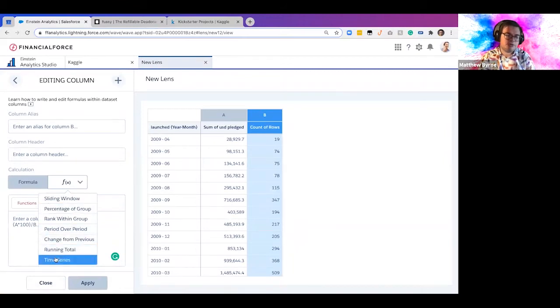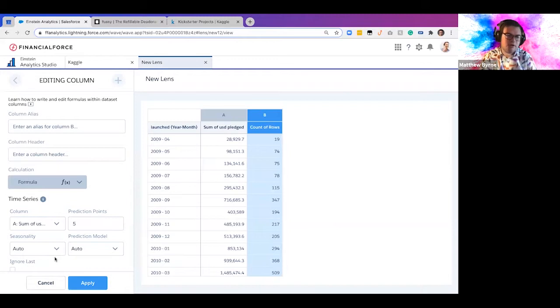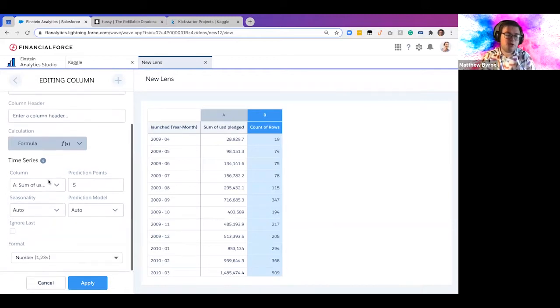You can see I do running total. Time series is one of those functions. It lets me choose which column I want to use to generate a prediction. It lets me choose how many prediction points I want. So if I set that as 12, it also chooses whether or not I want to take into account seasonality. And what this is going to do is generate a model that lines up best with the data that we have here.